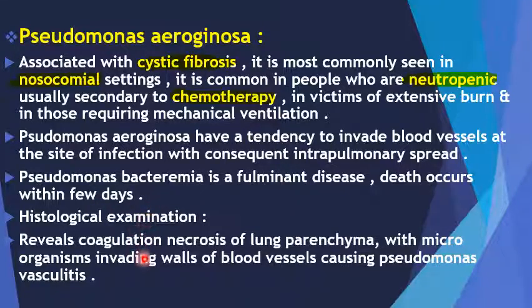Microscopically, it reveals coagulative necrosis of the lung parenchyma, with the microorganism invading the walls of blood vessels, causing Pseudomonas vasculitis.